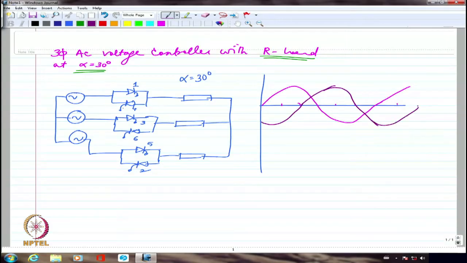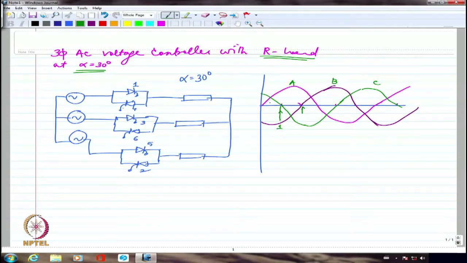And the third phase, which will go along somewhat like this. So this is A, this is B, and this is C, and we are firing at 30 degrees, which means we are going to fire one here, then, oh, I am sorry, one here.